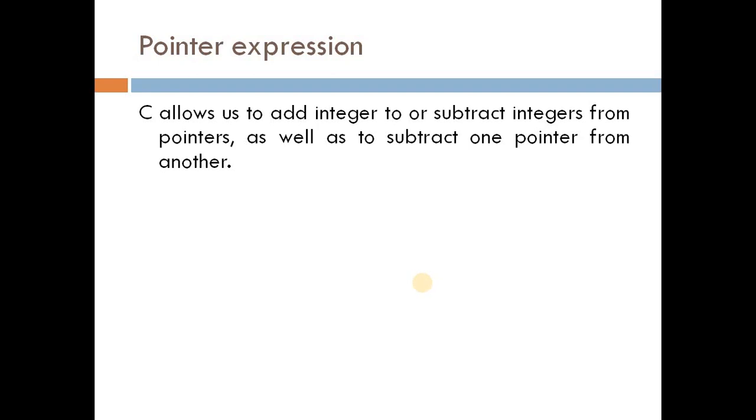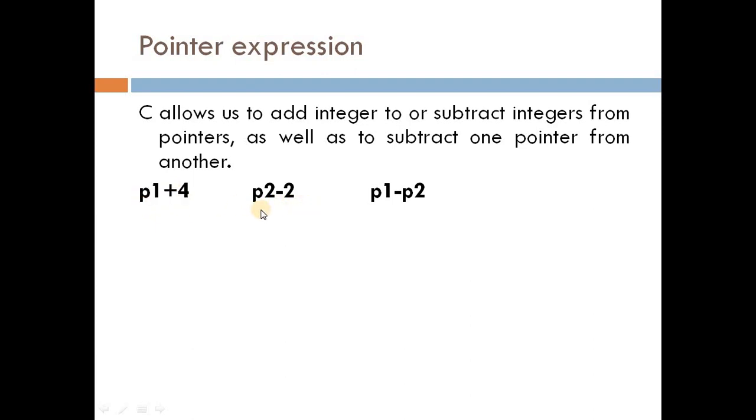That is, we can do some arithmetic operations on pointer variables. For example, we can add 4 to pointer variable P1. In this case, the address which is stored in pointer P1 will be incremented by 4.